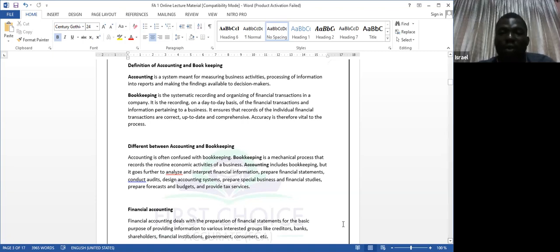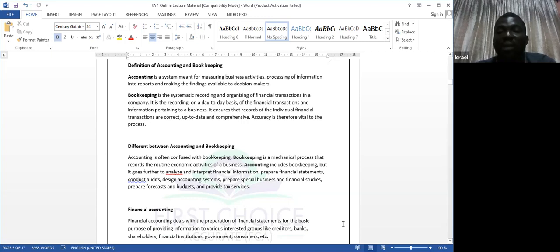So accounting can also be defined as a systematic way of recording transactions. Now, let's talk about bookkeeping. Bookkeeping is the systematic recording and organizing of financial transactions in a company. Let me finish the definition of accounting earlier.